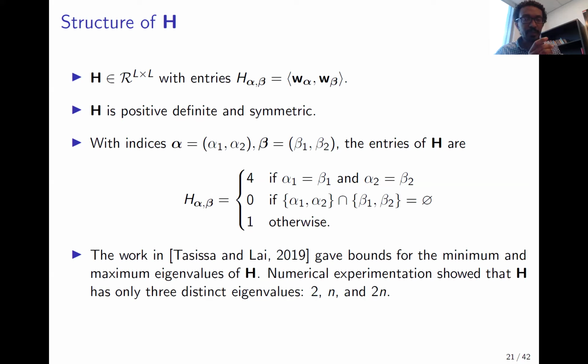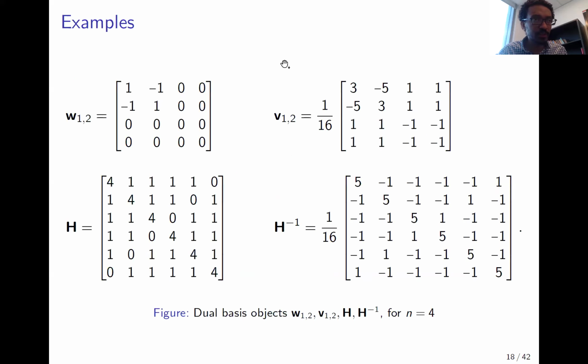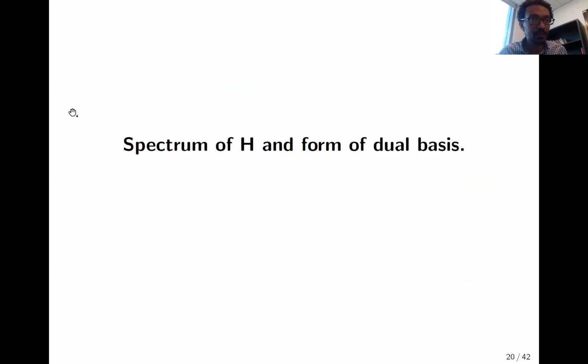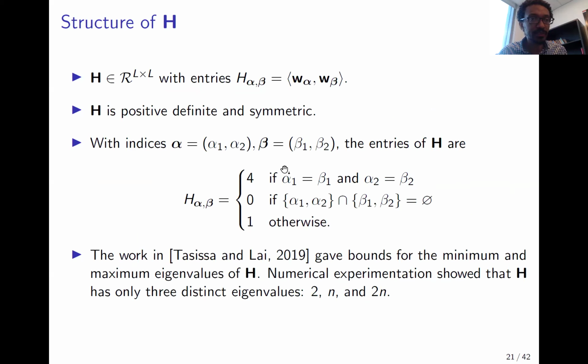Recalling what these W alphas look like, we can easily find the inner product between a pair of these base vectors. If the two indices are exactly the same, we get a 4.